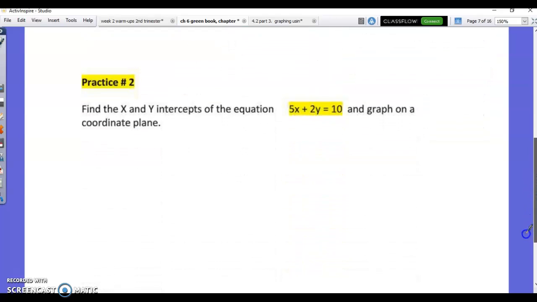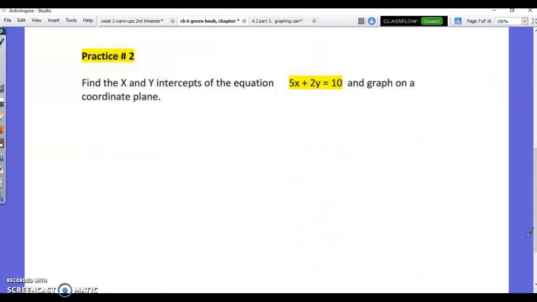So here's another one where it's just kind of a blank sheet, where we have to graph by finding the x and the y intercepts. So there's a way to do this, and this is how we would do it with setting up a t-chart. So I have my x. I'm going to put my formula in here, 5x plus 2y equals 10.